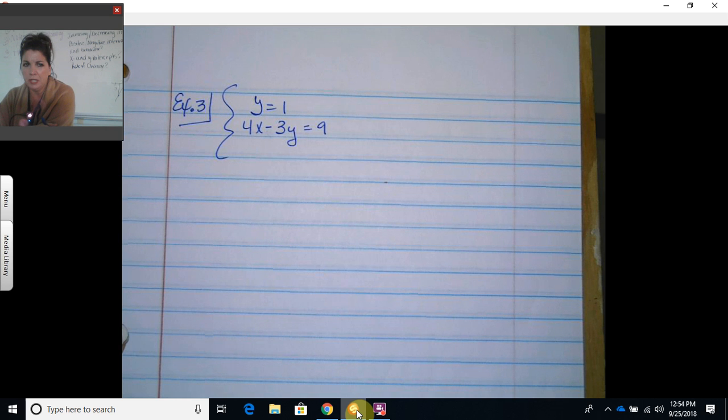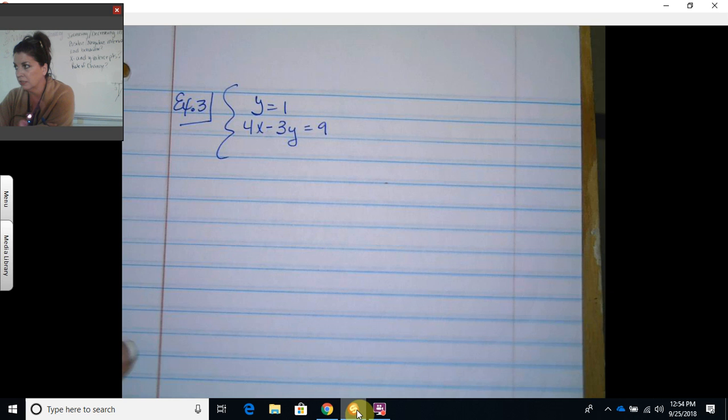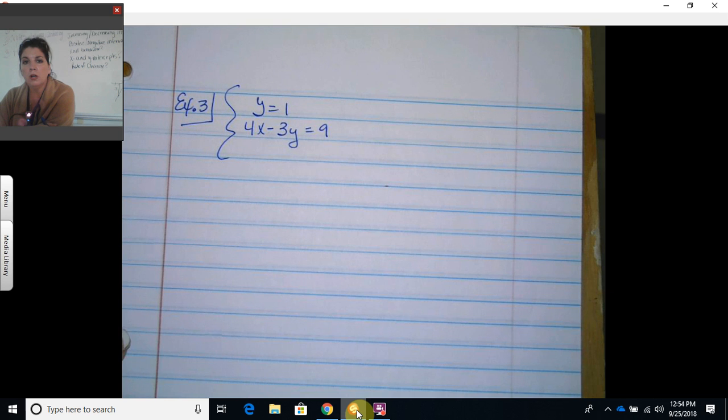Horizontal line, and it would cross the y-axis at positive 1, right? Well, so don't I already know what y is equal to? Yes. Is it necessary to take 4x minus 3y equals 9 and isolate the y? No, what can I do instead?